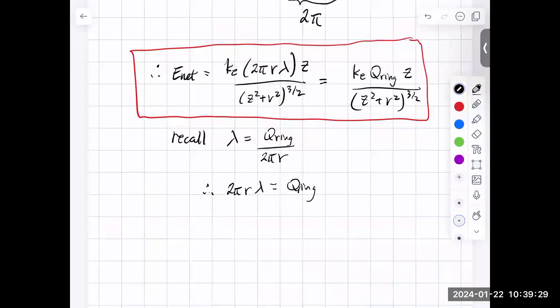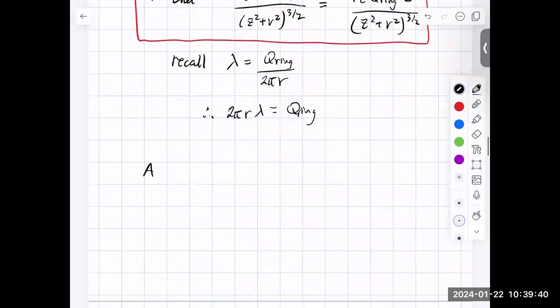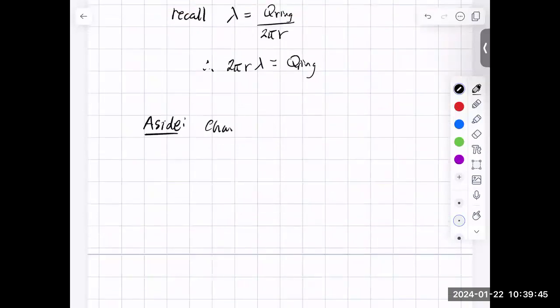For anyone interested, we could use the result of the ring to calculate what we would get for an electric field from a charge sheet. So this is a bit of an aside here. What we could do is take a small ring and find its electric field at some point, z, away from that ring.